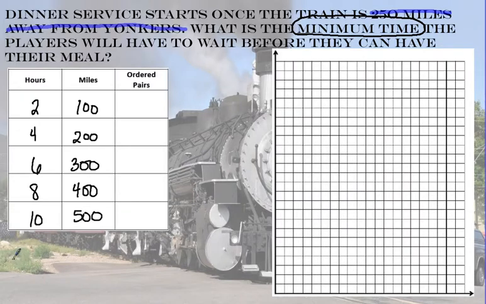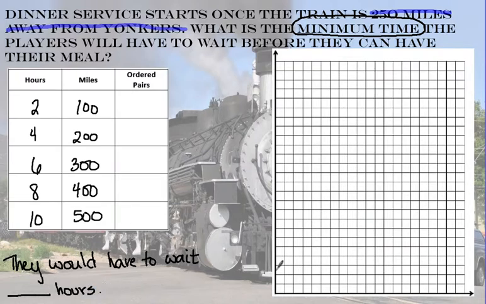So I would say, to make sure I'm answering correctly, I would write my sentence and leave a part blank for my answer. So my answer would look something like this. They would have to wait. And since we're talking about waiting, we're talking about time, so we would say blank. And I know we're talking in hours, so it would be blank hours.